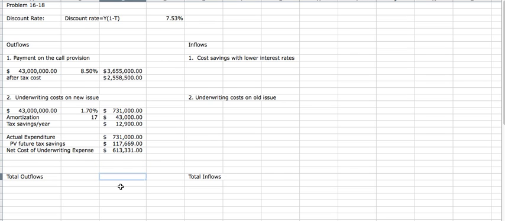So my total outflows for this would be my original after-tax cost for the payment on the call provision plus my net cost of the underwriting expense. Total outflows are $3,171,831.